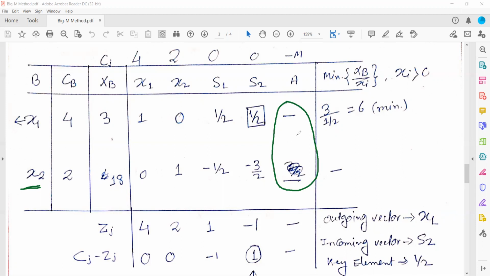You need not write anything here. Just simply give the dash, because in this step the artificial variable has been replaced by the variable x2. So the artificial variable is removed.